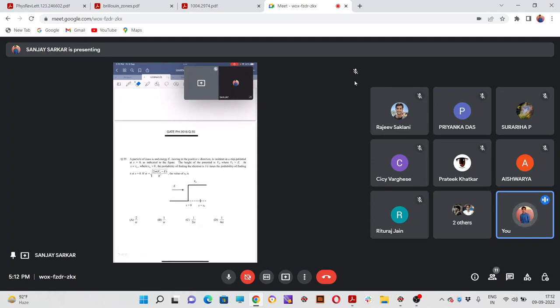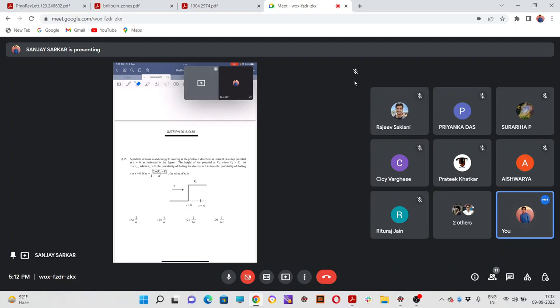The height of the potential is V0, where V0 is greater than E. At x equal to x0, where x0 is greater than 0, the probability of finding the electron is 1 by E times the probability of finding it at x equal to 0. If alpha is given as this, then the value of x0 is what?